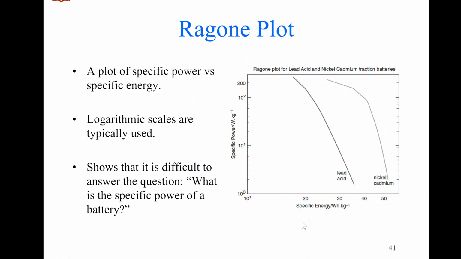So it becomes difficult to ascertain what is the specific power of a battery, and of course it would also depend on the discharge rate. But these kind of plots will help us in figuring out which one would suit the application.